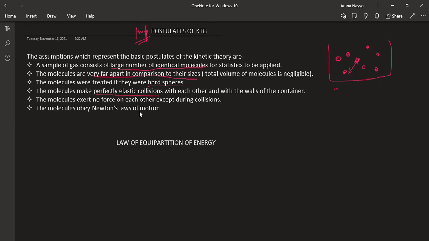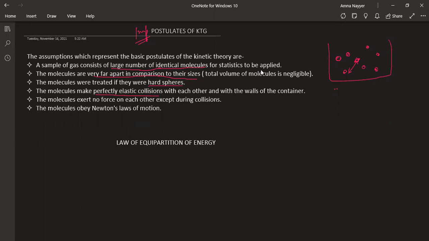Remember, when we were doing work, energy and theorem, at the time of collision I had told you that this will be in detail, that you have to remember it in the kinetic theory lesson. The rest of the details you have already learned, the formulas for perfectly elastic, inelastic collisions.